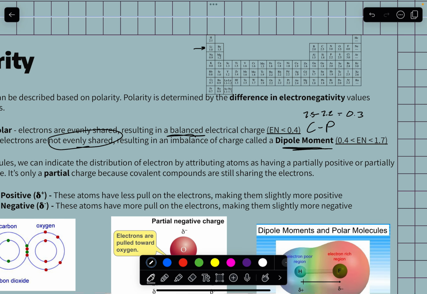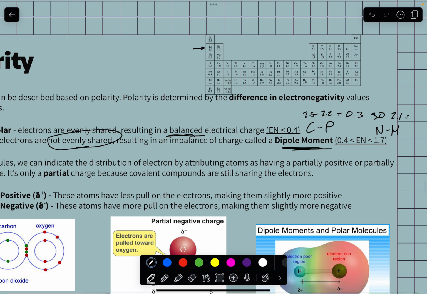Yeah, it was hydrogen bonding, sorry. So N with H, I'm right up here so I have more room. Nitrogen has an electronegativity of 3.0, hydrogen is 2.1. If we subtract them, our difference is going to be 0.9. That falls between the 0.4 to 1.7, so that is going to be a polar bond. Okay.